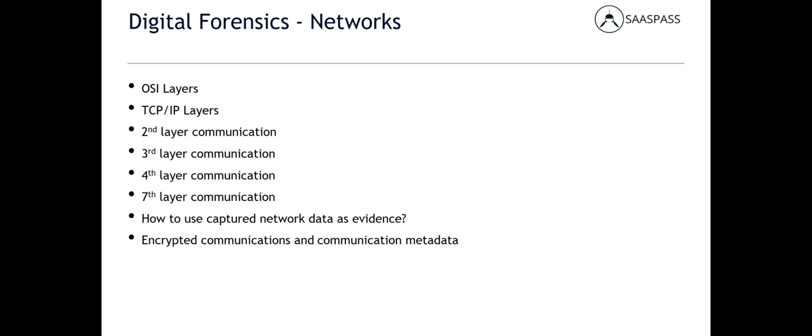I would like to make one final note about encrypted communications and the metadata. Imagine the case with IPsec I mentioned for third layer communication. IPsec has two modes. You can hide the source and target addresses or not. Imagine that you didn't configure IPsec protocol to hide the source and target addresses. Then the contents are unreadable for an eavesdropper.